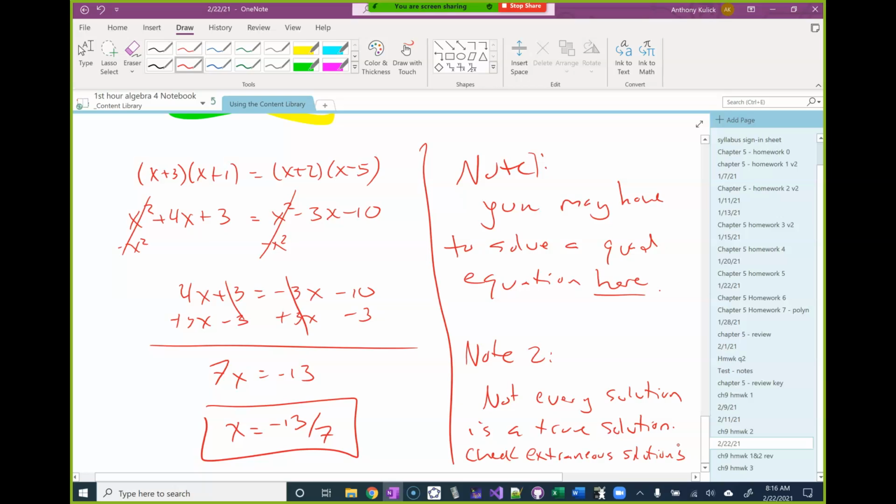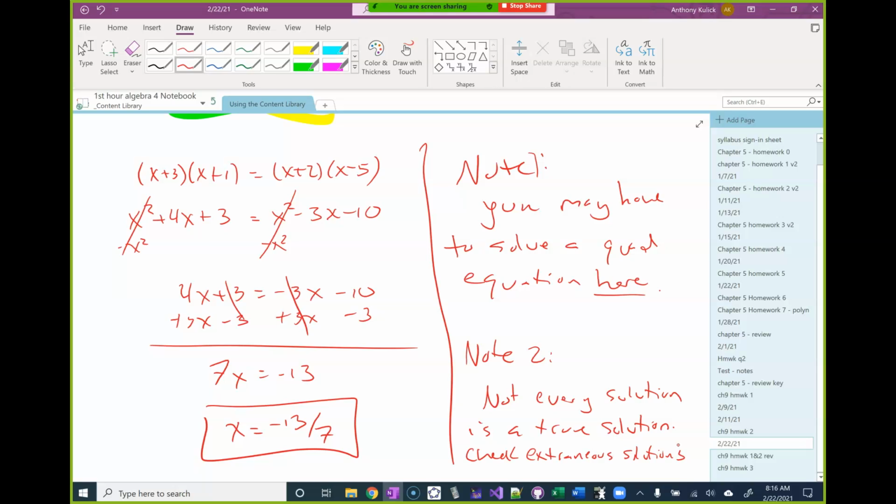An extraneous solution is just a solution to an equation that doesn't actually satisfy the equation. For rational equations, it's really easy to check that. All we need to do is check to make sure our solution doesn't give us a zero denominator.